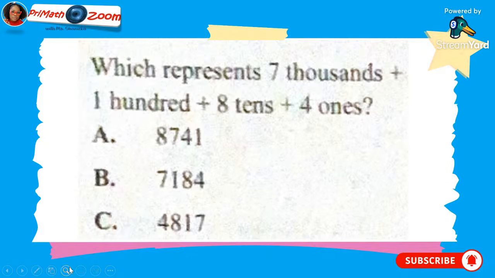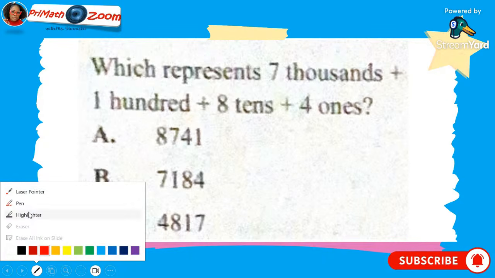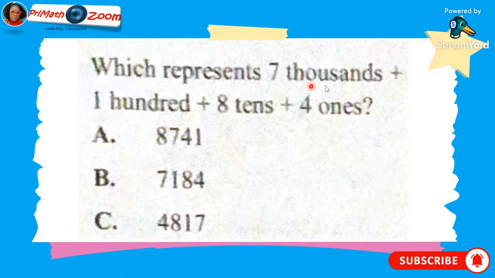The first question says, which represents 7 thousandths plus 100 plus 8 tenths plus 4 ones? Put the answer in the chat.